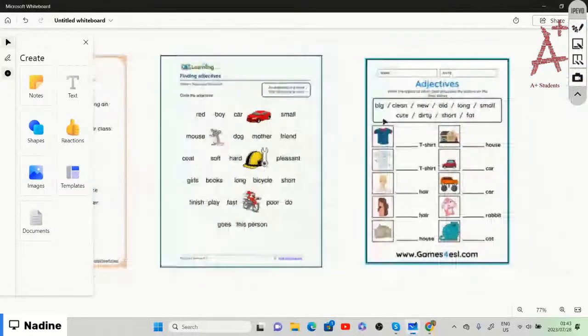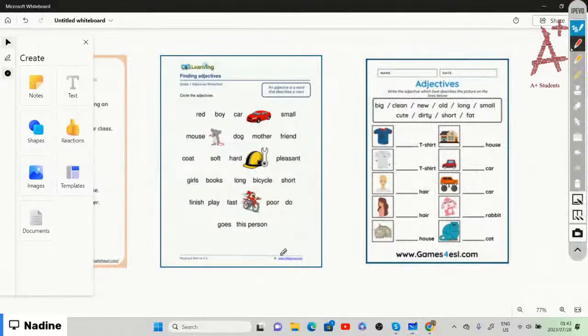All right, if we look at the next one, it says you need to write the adjective which describes the picture on the lines below. We have big, clean, new, old, long, small, cute, dirty, short, and fat, right? Now if we look at the first picture, it has marks on it, so we can say it is a dirty t-shirt because it looks very dirty.